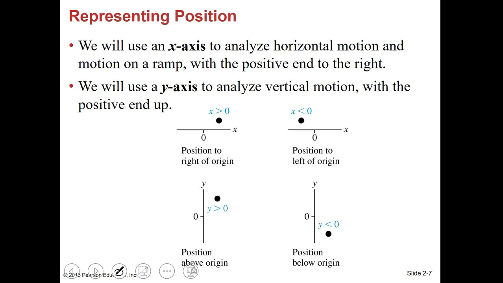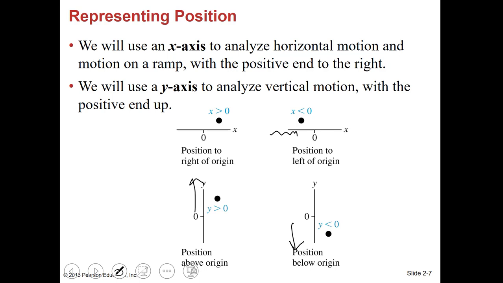Okay, so just like in Chapter 1, if you move to the right, that's where the coordinates are positive. Moving to the left over here, coordinates are negative. Same thing with the coordinate system we use. Up is positive, as you see here, and this is where the coordinates are negative.